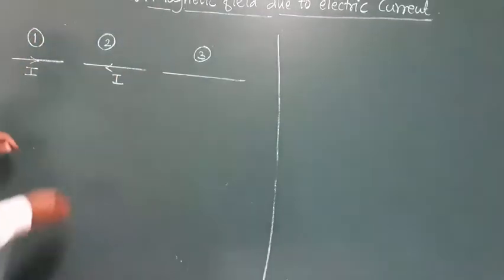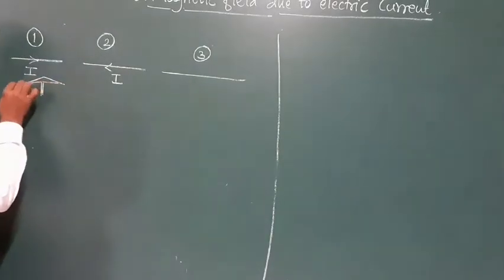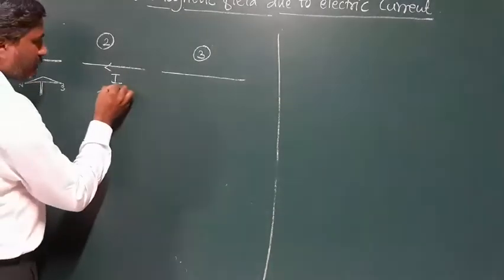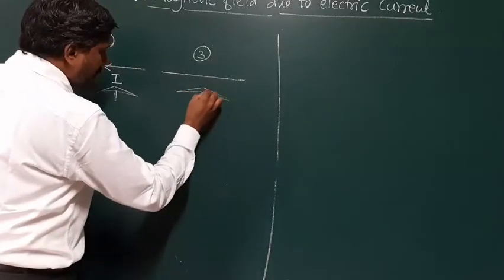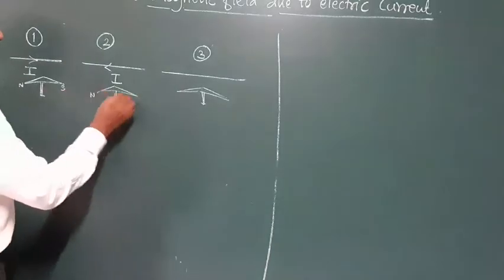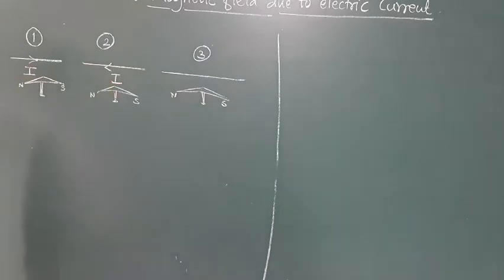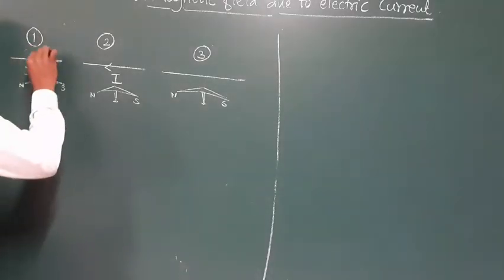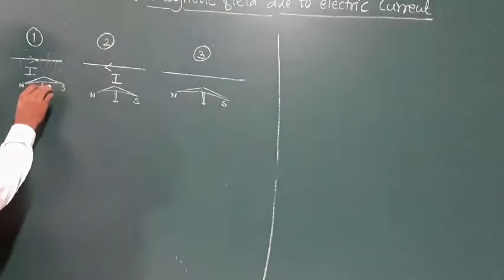Very close to this conductor, we place a magnetic needle, with north and south poles. Now, when current is flowing through this conductor, a magnetic field is produced around it, and because of that magnetic field, the needle deflects.